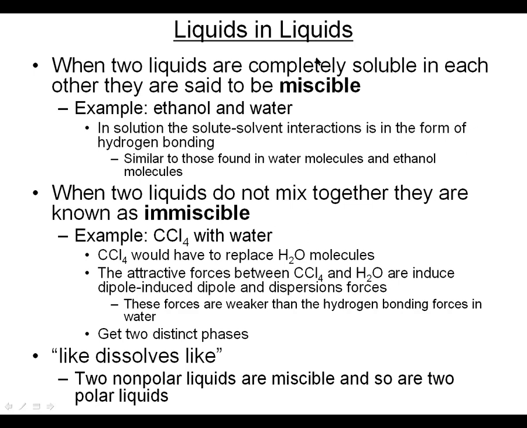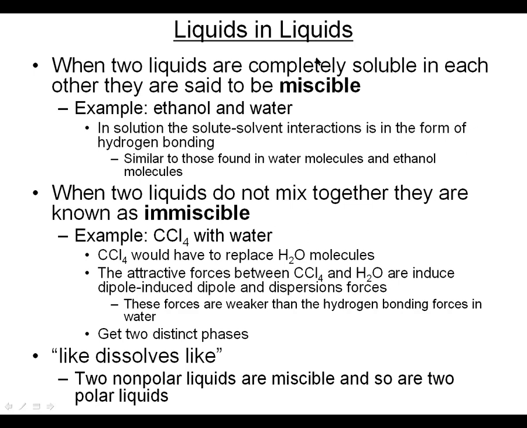Now, when we talk about liquids mixing with other liquids, we talk about it in terms of being miscible or immiscible. And they really do run along the same lines as soluble or insoluble. So if two liquids mix completely, they're soluble in each other, and they're said to be miscible.